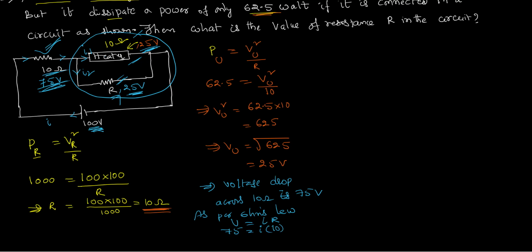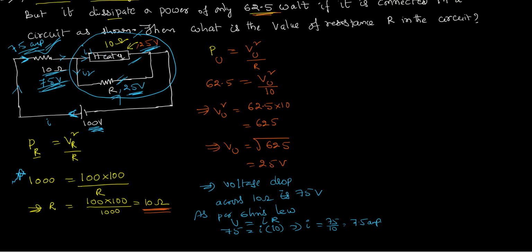It implies the current across that 10 ohms is 75 by 10, that is 7.5 ampere. So here I got the current. Current across this is 7.5 ampere. This is the total current that is released from the positive plate of the battery itself.